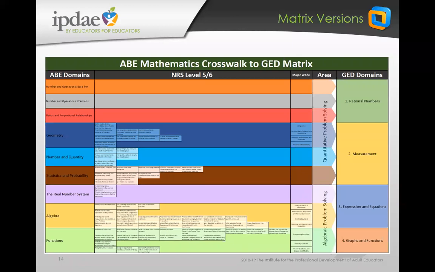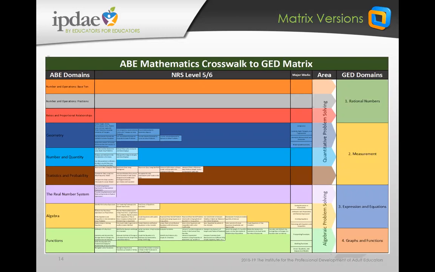Or show me how the things I'm teaching to levels 5 and 6 ABE students are helping them towards the GED? What components of the TABE 11 and 12 or CASAS reading and math goals are helping and building towards certain skills and domains in GED?